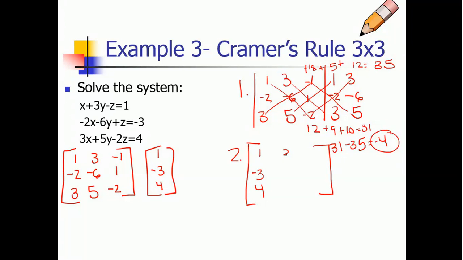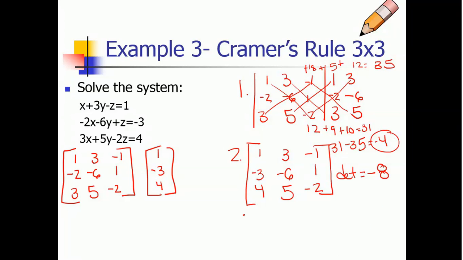So basically I'm going to rewrite, but my first column is going to look a little different than it normally did. My determinant for this particular matrix is a positive 2. No. Negative 8. It's a negative 8.